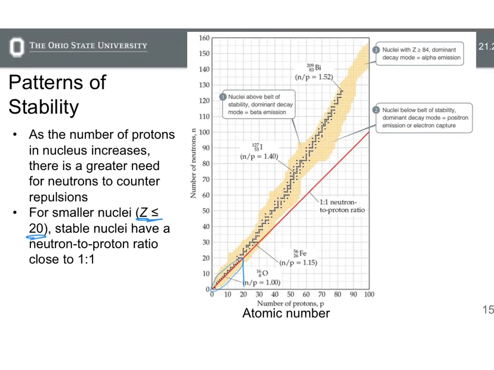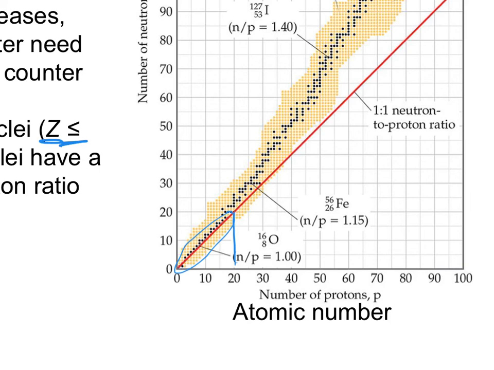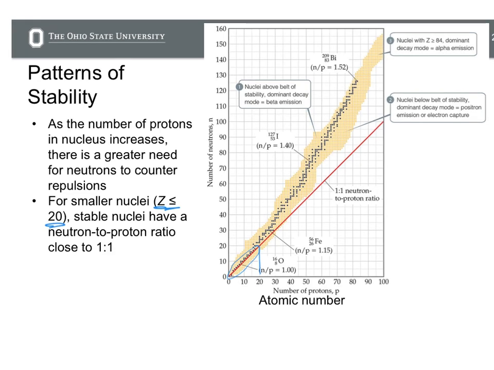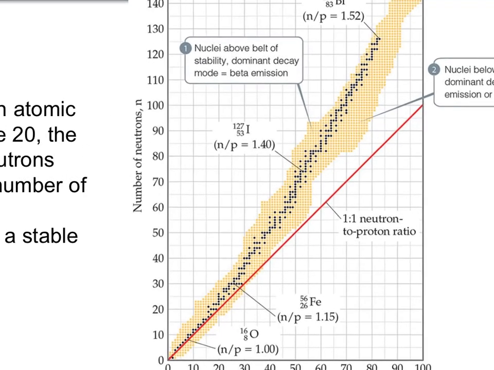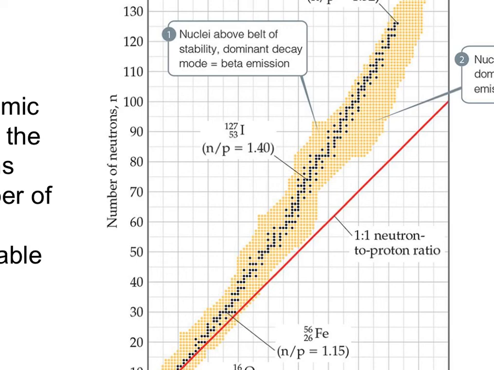The other thing that this plot is doing is dividing the number of neutrons by the number of protons to give you the ratio, so it's 1 for an atomic number of 20 or less. For nuclei with atomic number greater than 20, the stable nuclei will have a neutron to proton ratio of greater than 1.